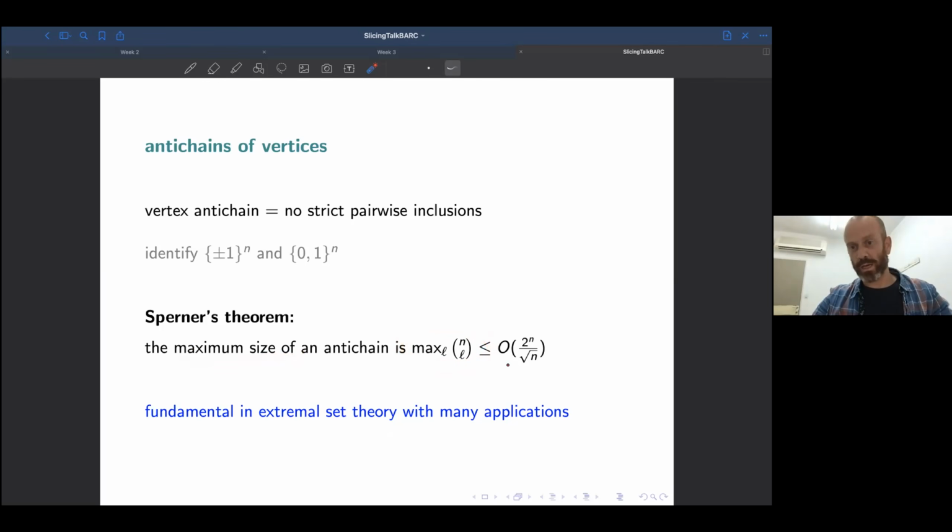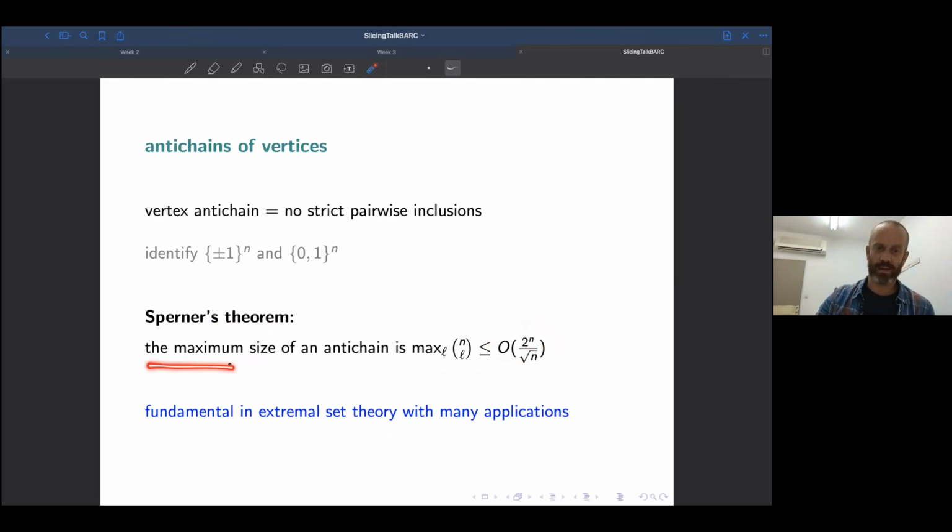And it is well known that this is roughly the maximum, an upper bound. So we see this square root of n pops out. It's a fraction of 1 over square root of n of the vertices. And this is the reason for this Littlewood-Offord theorem I mentioned before, this Sperner's theorem.